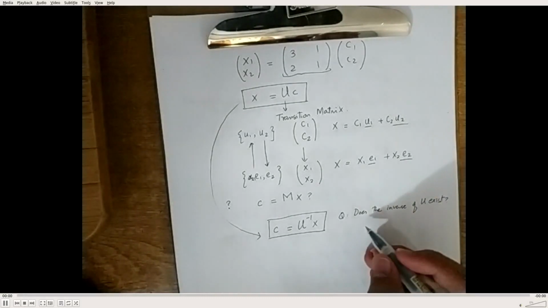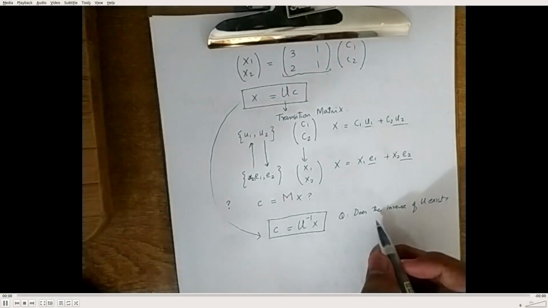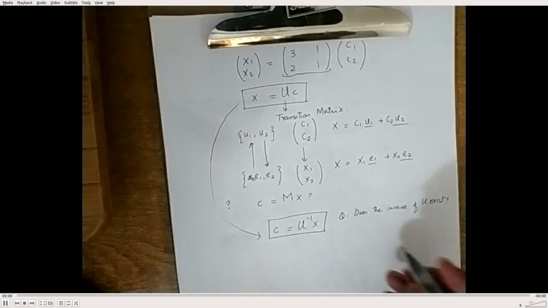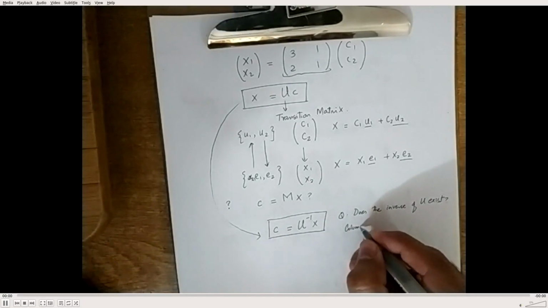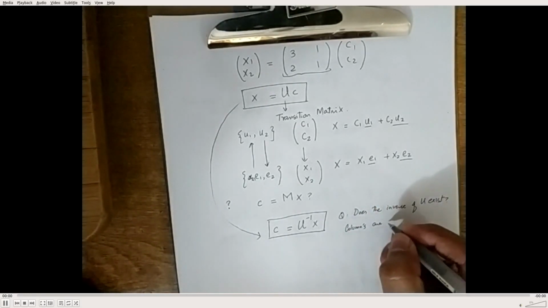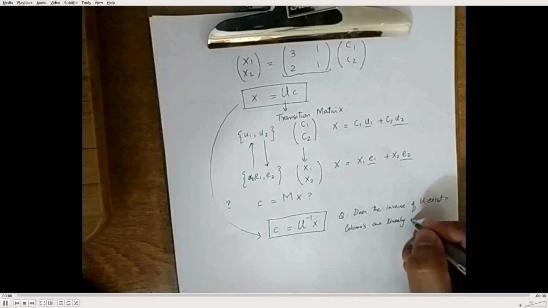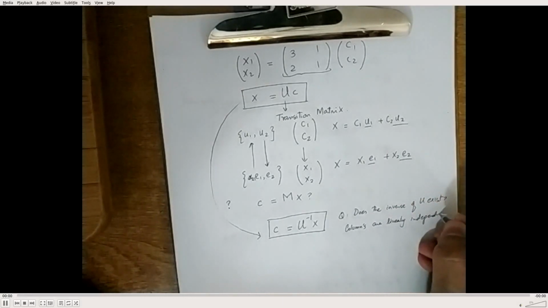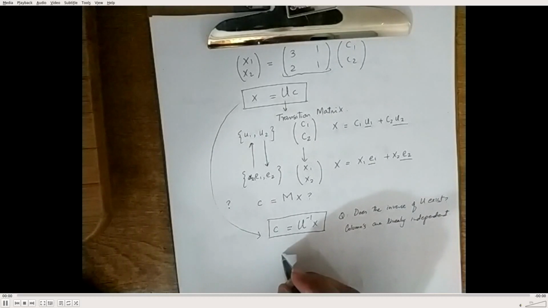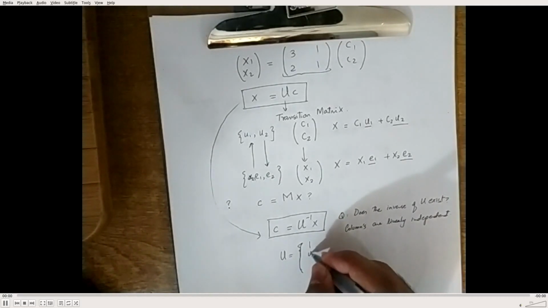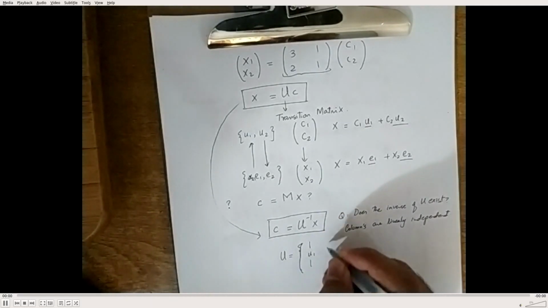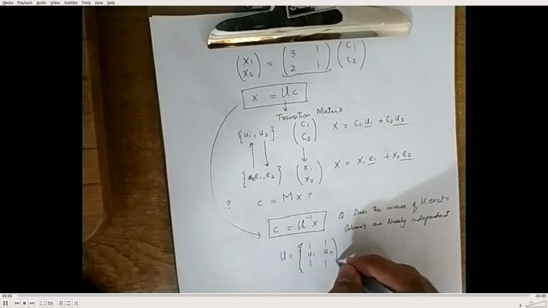If you recall, the inverse of a matrix exists if the matrix is non-singular, and there was another equivalent condition that we learned, that a matrix is non-singular if the columns are linearly independent. Matrix U was made up of U1 and U2 as its columns.